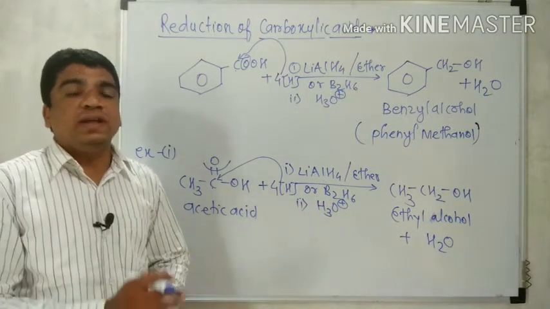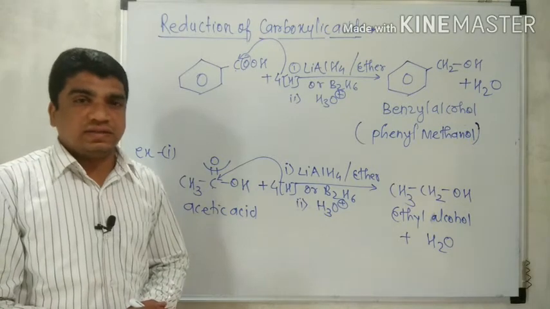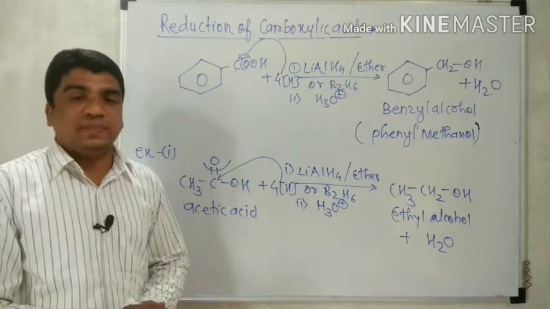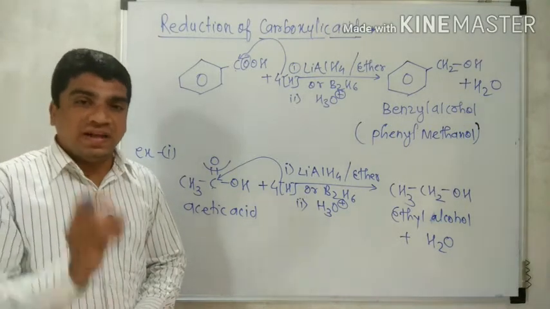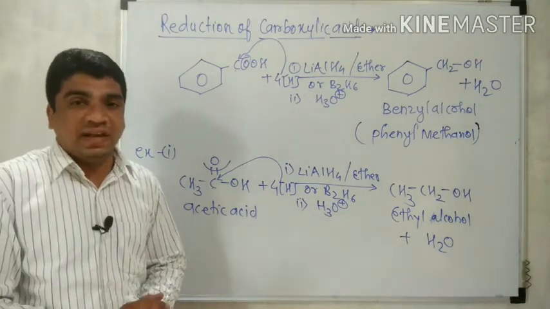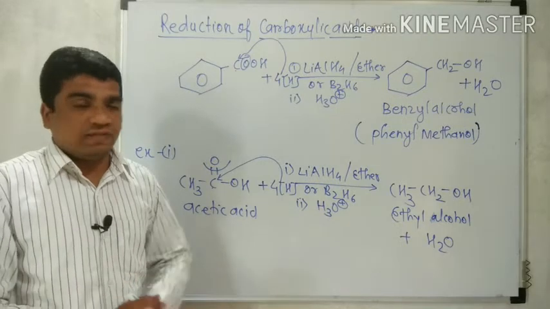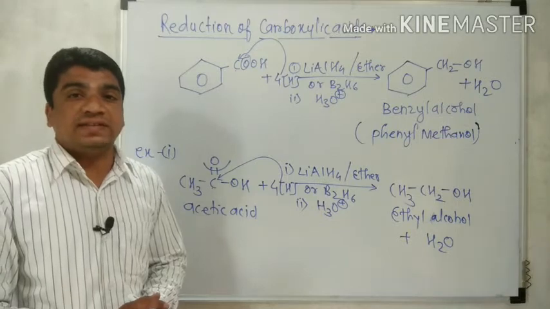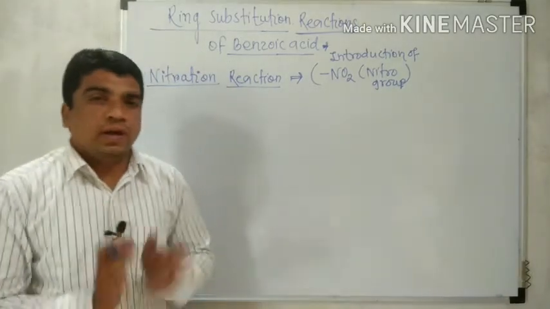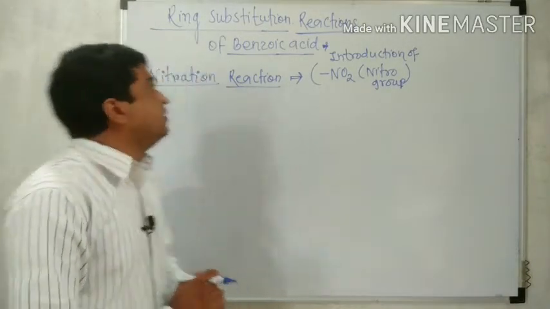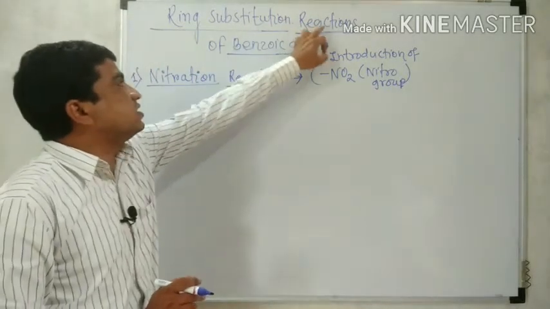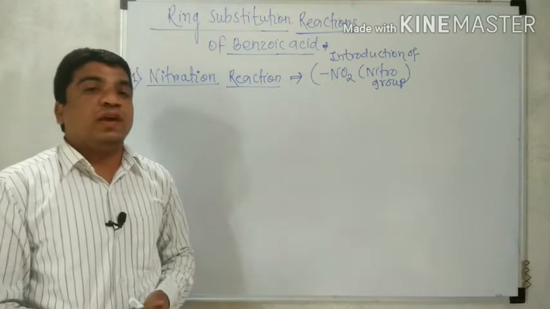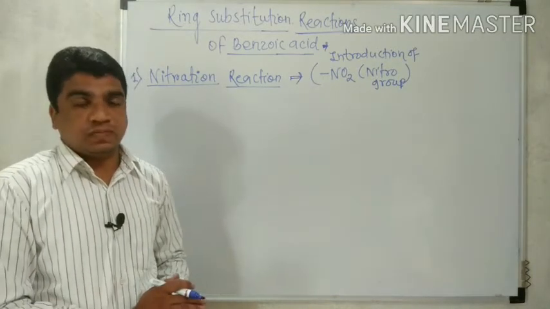Only some ring substitution reactions of carboxylic acid, especially for aromatic acid, that is benzoic acid, remain. We are going to discuss after this reaction the ring substitution reactions of benzoic acid. So our next reaction type is ring substitution reactions of benzoic acid, because we know that benzoic acid contains a benzene ring.